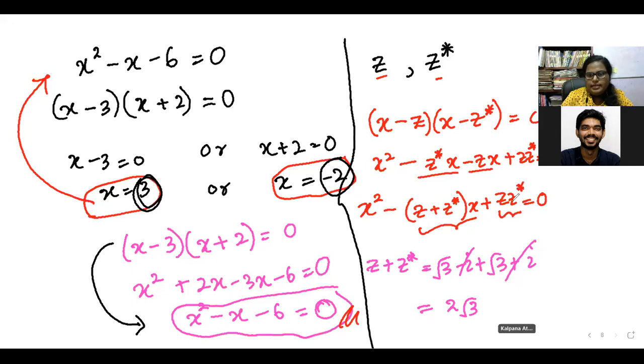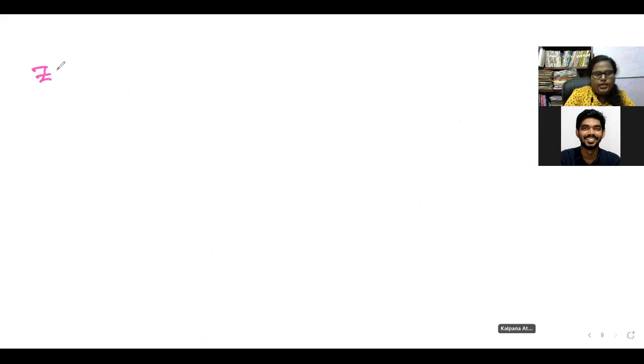And for z z star, we have to take the multiplication of these two values. I will use a different sheet here, right? So when you are taking z z star, we can take square root 3 minus i, square root 3 plus i, right? So you have to simplify this one.